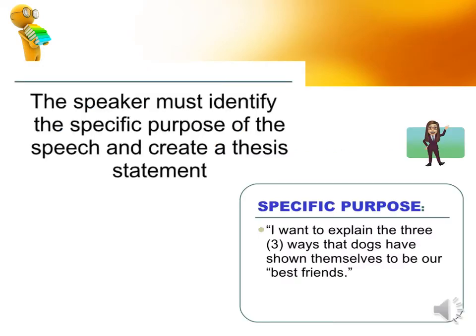The speaker must identify, in the body, the specific purpose of the speech and create a thesis statement. Now, for example, for a specific purpose, I want to explain the 3 ways that dogs have shown themselves to be our best friend.